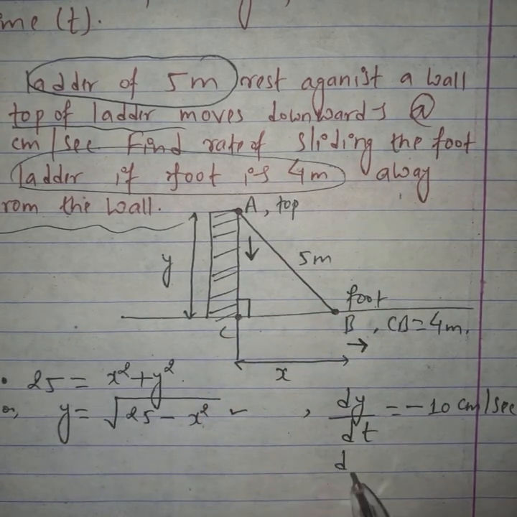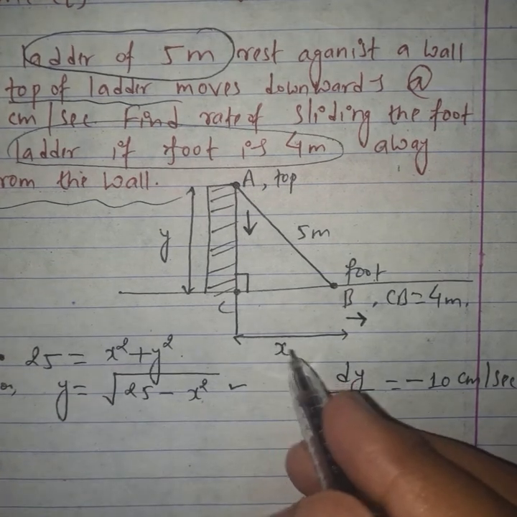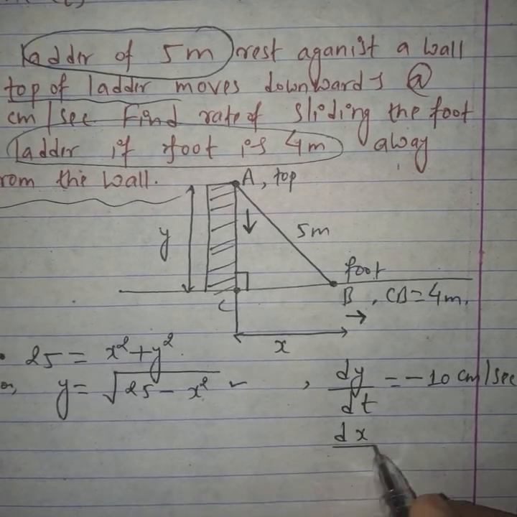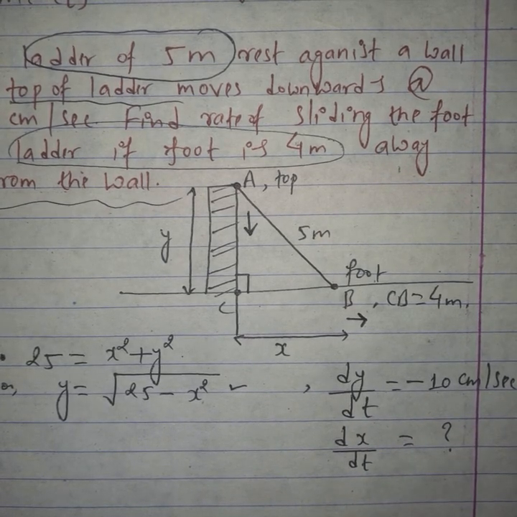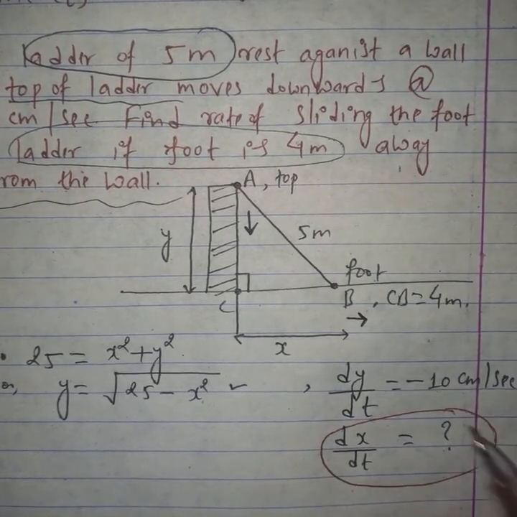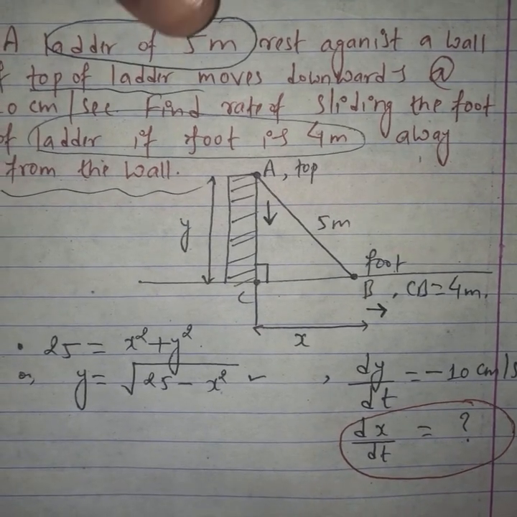Now we have to find the rate of change of the variable x with respect to time. It is unknown here. We have to find the value of dx over dt.